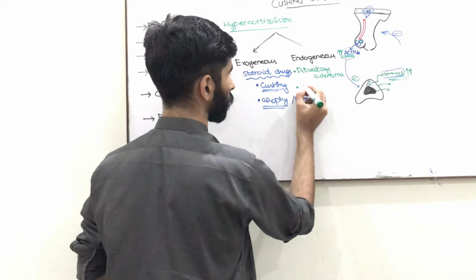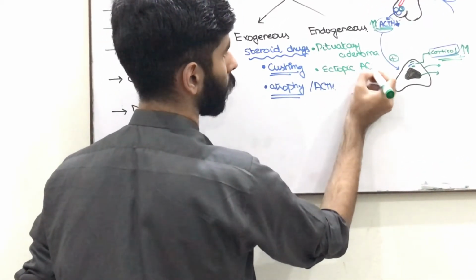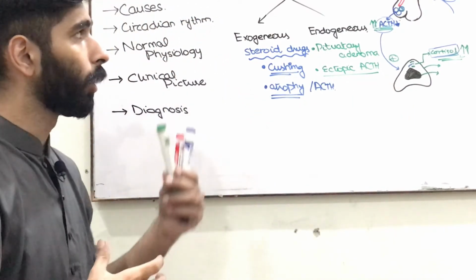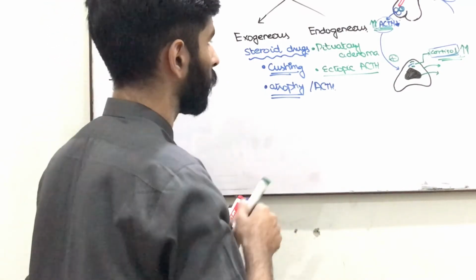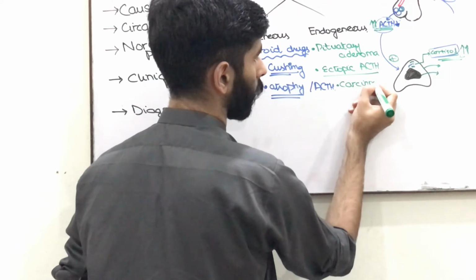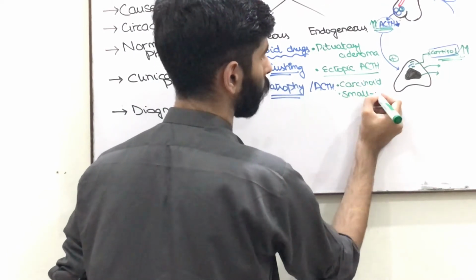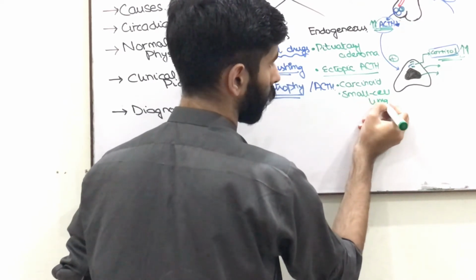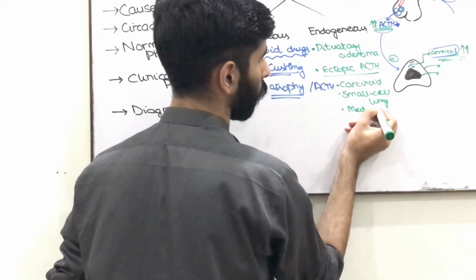Secondly, ectopic ACTH production means that ACTH is produced from a non-pituitary tissue. For example, it can be seen in patients with carcinoid syndrome, and more importantly, small cell carcinoma of the lung and medullary carcinoma of the thyroid gland.